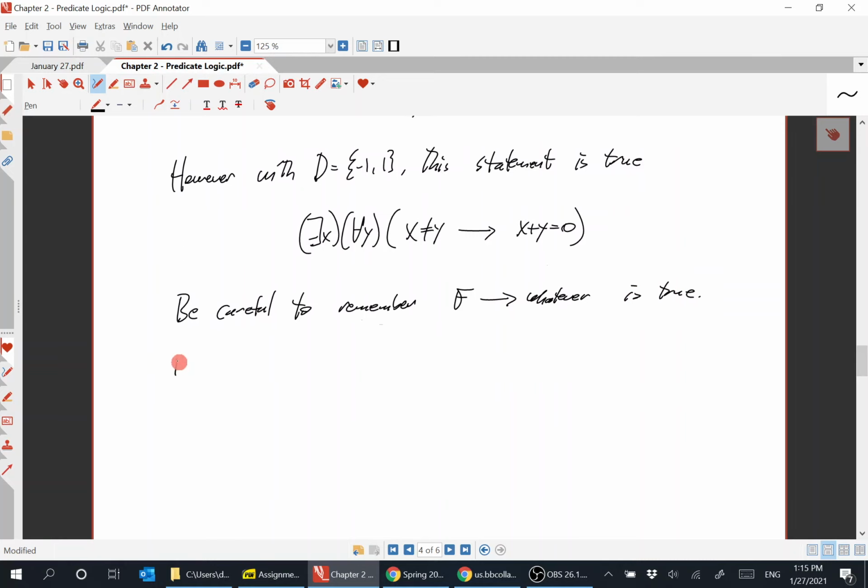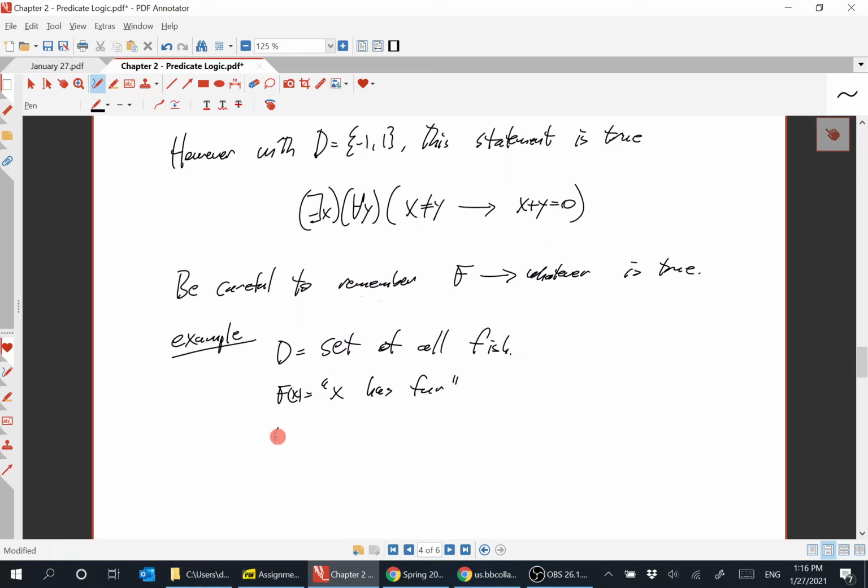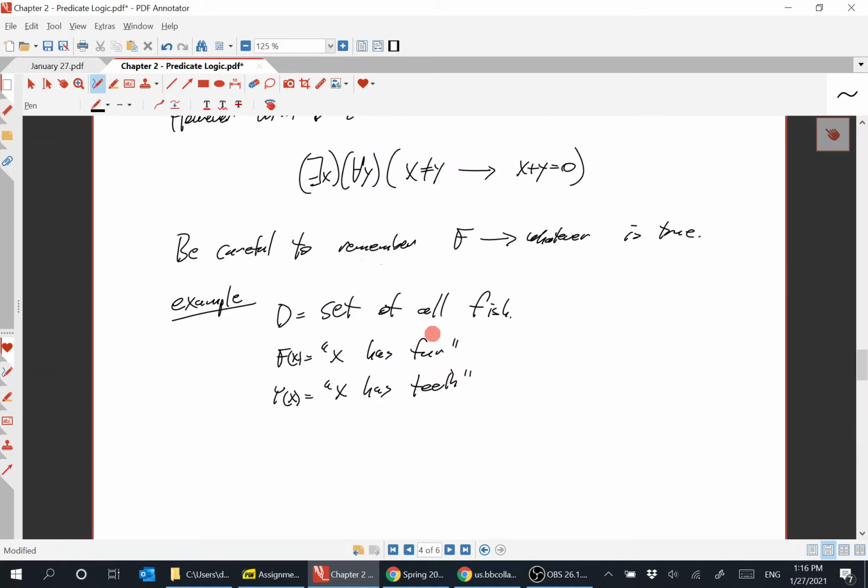So for example, D is equal to the set of all fish, and f of x is equal to x has fur, and g of x is equal to x has teeth. X is a tuna.